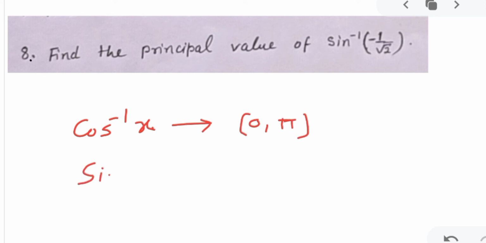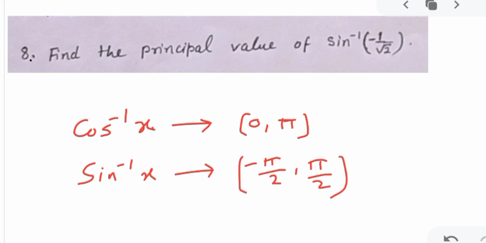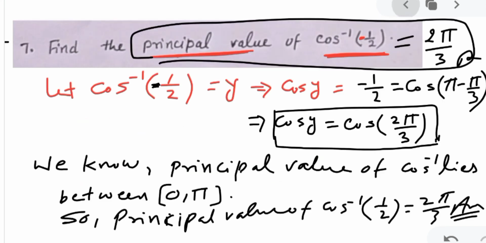And similarly, the principal value of sin inverse x will lie between minus pi upon 2 to pi upon 2. So whatever principal value you calculate for cos inverse should be between 0 to pi, and for sin inverse it should be from minus pi upon 2 to pi upon 2. On that basis we solve this question.